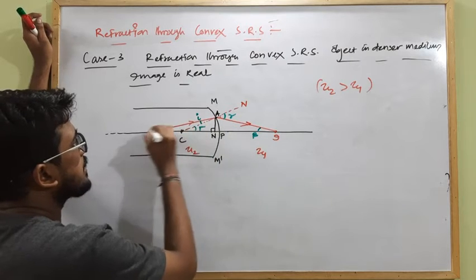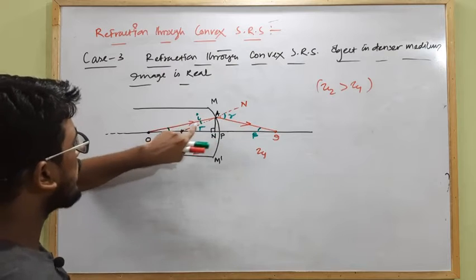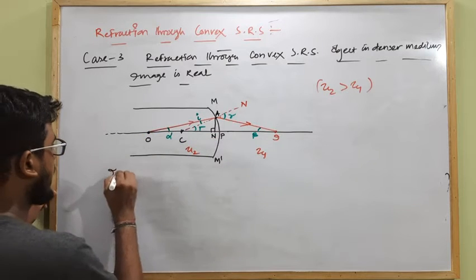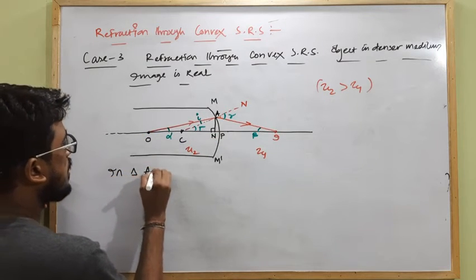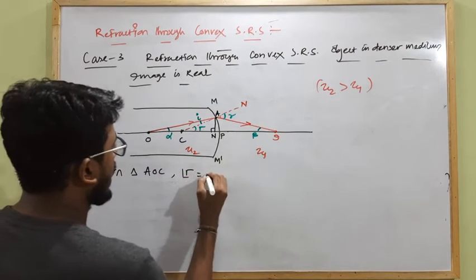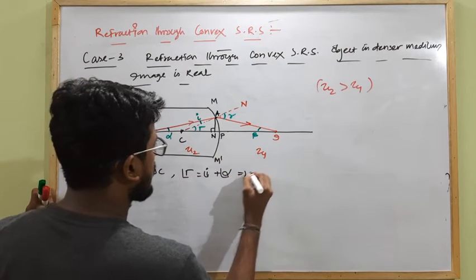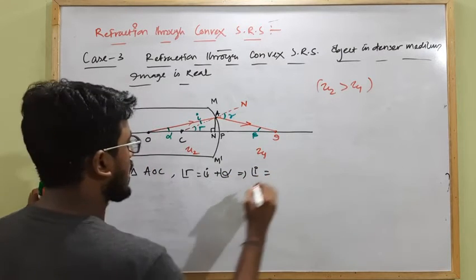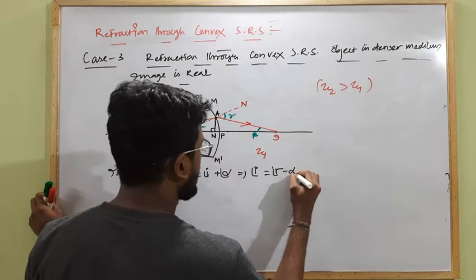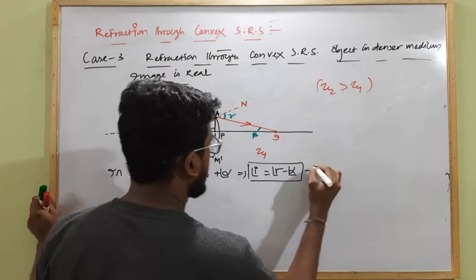In triangle AOC, gamma is the exterior angle which is equal to i plus alpha. So this implies i equals gamma minus alpha. Clear? Let this be equation 1.